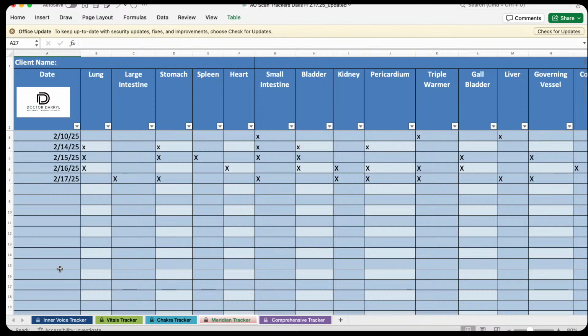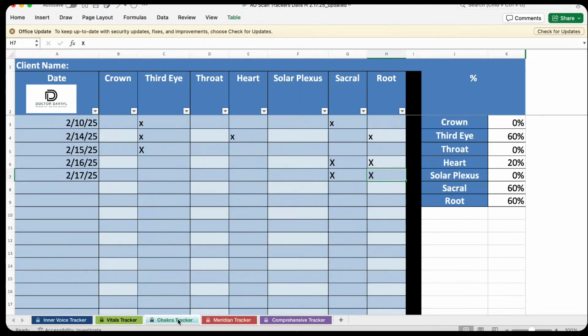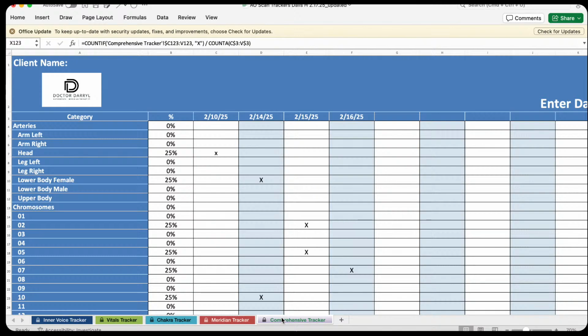It could be because I was working on this right up towards the end and I could have screwed that up. Hopefully I didn't screw up anything else. The chakras, nothing is really standing out there. And did I screw up the comprehensive? I did not screw up the comprehensive. Thank God. Well, I kind of did because I don't have today's comprehensive.